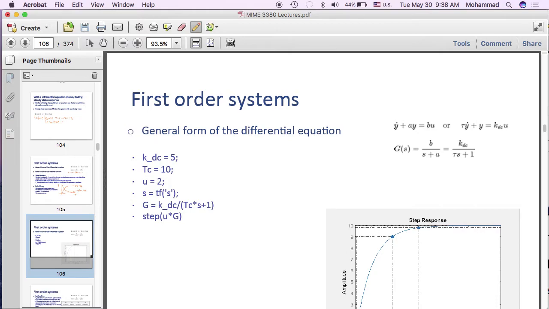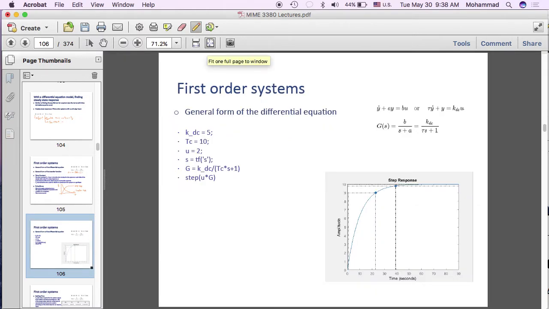So this is the typical response of a second order system. See if you have MATLAB on your computer. If you do, I can show you how to create this.